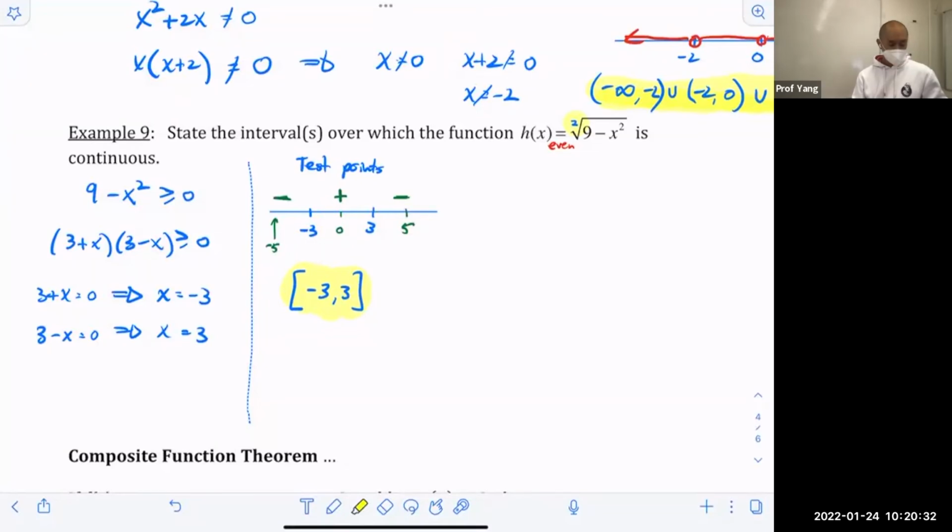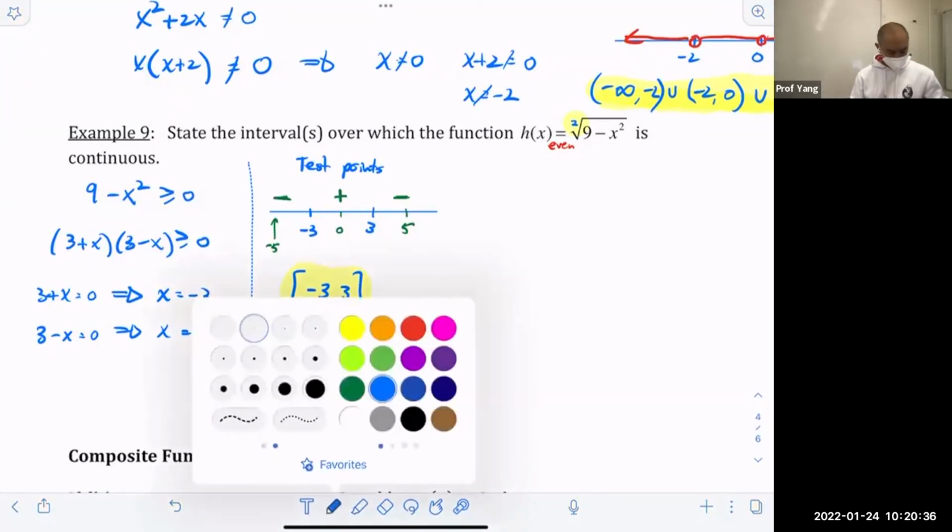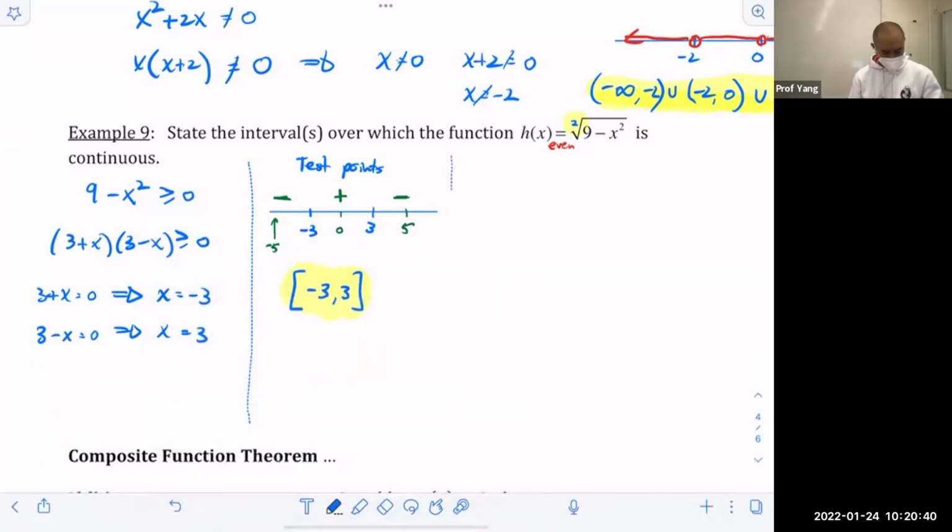Any questions? The third method I want to show you, this is preferred by me, but not necessarily for this section. It's more in preparation for chapter 3, which is more towards the end of the course. I like to create a table of factors.